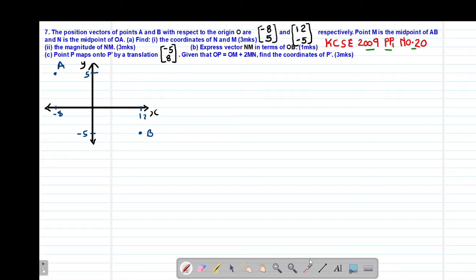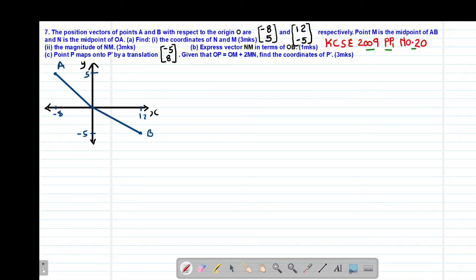Then because these are position vectors, remember position vectors should always be connected to the origin, which is the point (0, 0), this way. Then I also connect the other coordinate to the origin. So the point (0, 0) should be connected to point B. Then I also connect point A to the origin, the point (0, 0), this way.